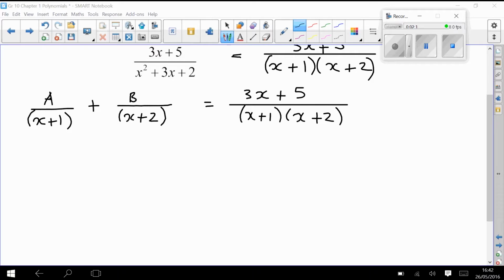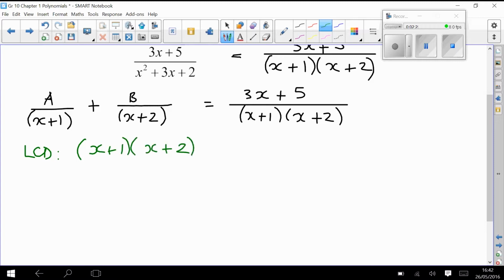In resolving what a and b are, the first thing that I'm going to do is find a common denominator for the left and the right-hand side. Now we know that our LCD would be the most of each type of factor, and I've got two nice bracket factors over there.